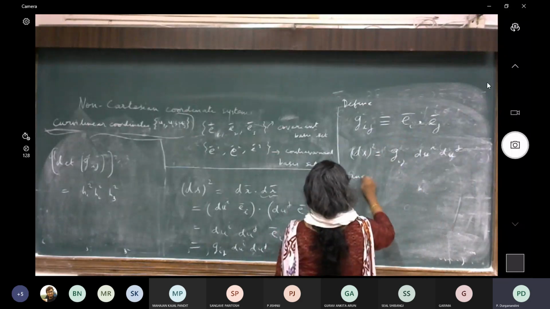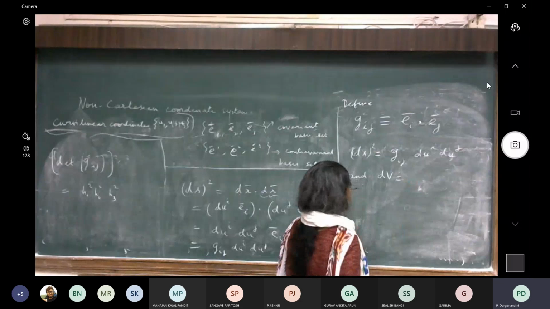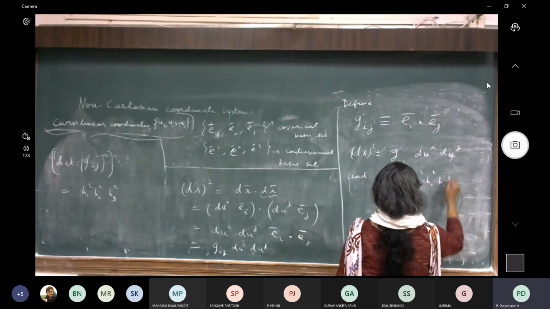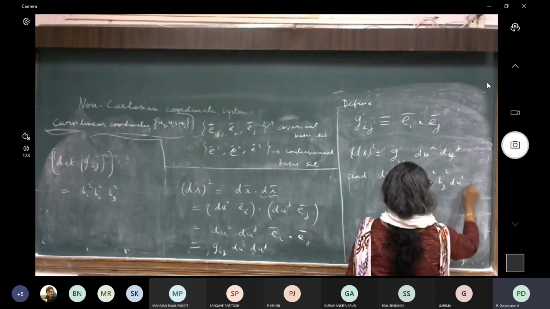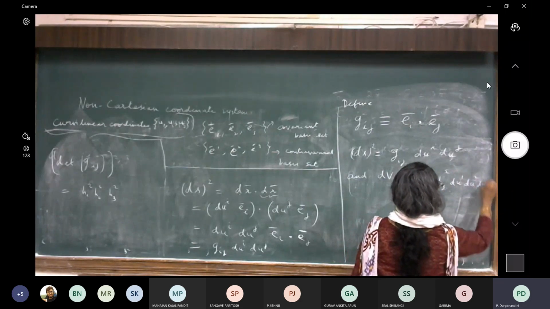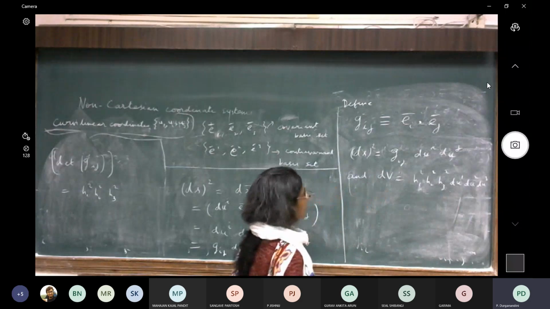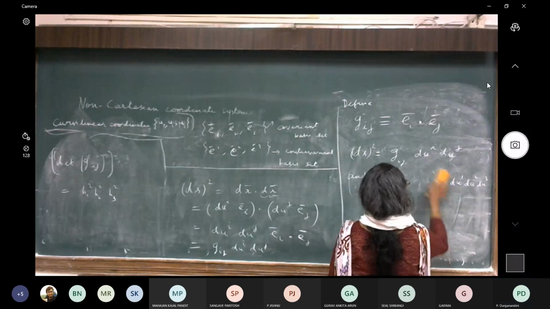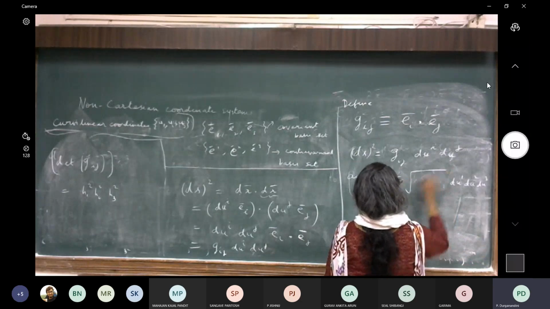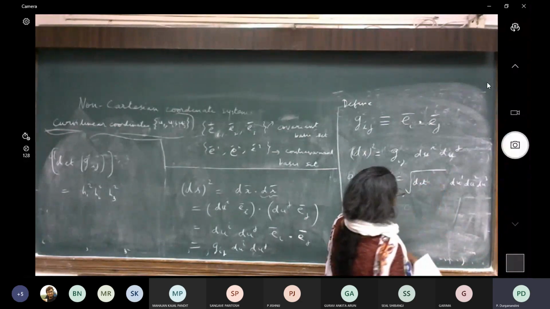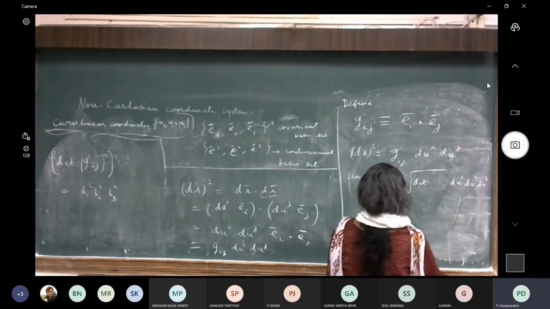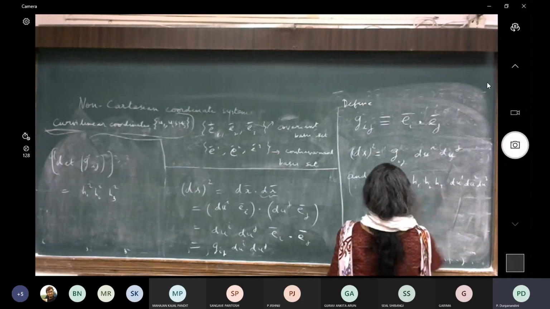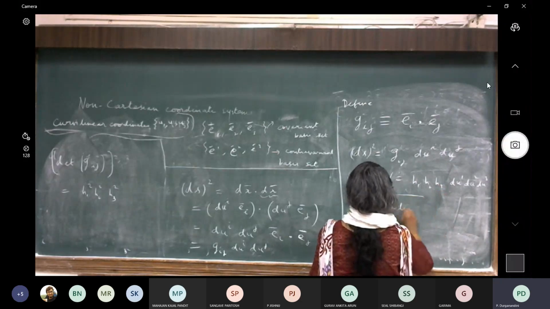And if you go back and look at the volume element dV, what you will find was that it was nothing but h1, h2, h3 du1 du2 du3. Okay, I'm using du1, du2, du3 because we are using contravariant components. And this h1, h2, h3, I can write as the root of the determinant of g.